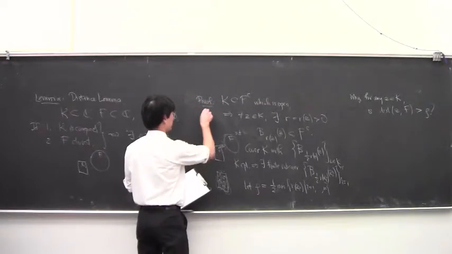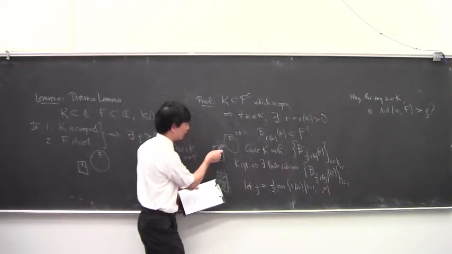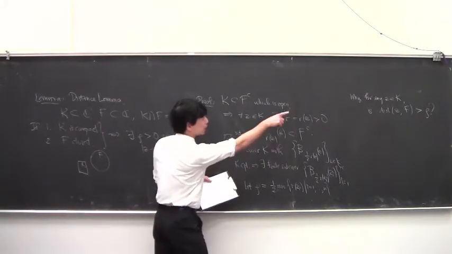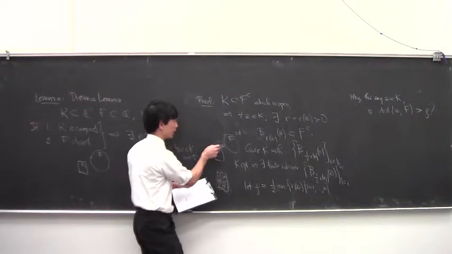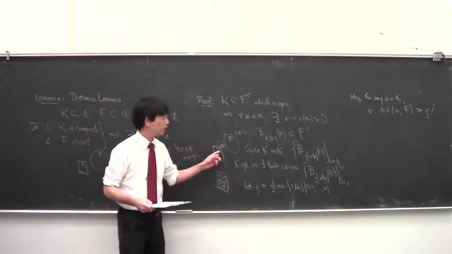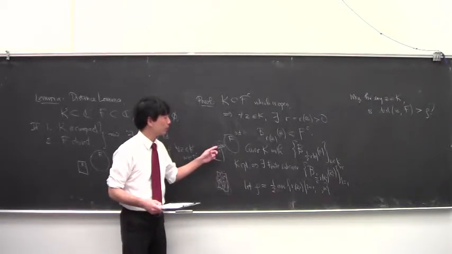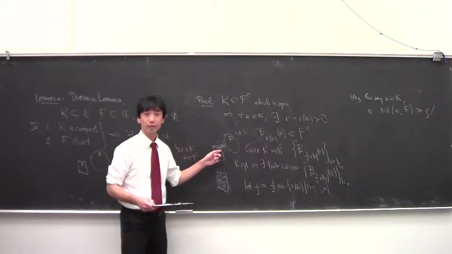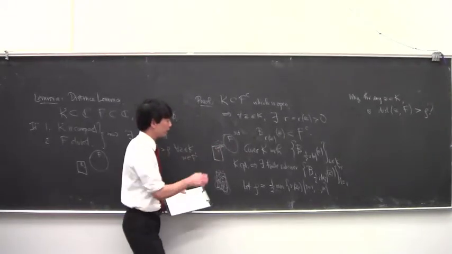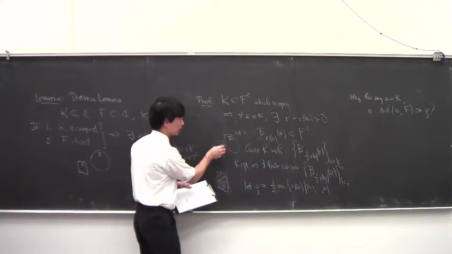You say, okay, here's my F. Suppose that we have only one ball. Then if you pick any point in K, it's going to lie in this ball because there's only one ball. How close could this point be to F? At the very worst, it's going to be here.